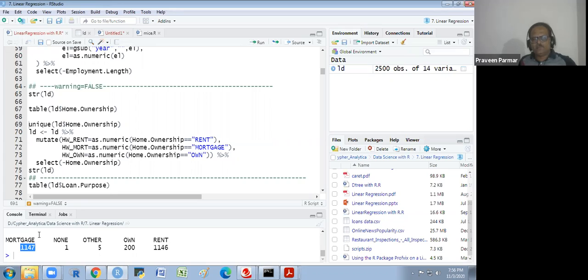Then other is 5. Other means maybe they are living in a relative's home, or maybe they have somewhere captured someone's home. And own is 200% their own home without any loan. And 1146 are on rent. That makes sense to everyone.